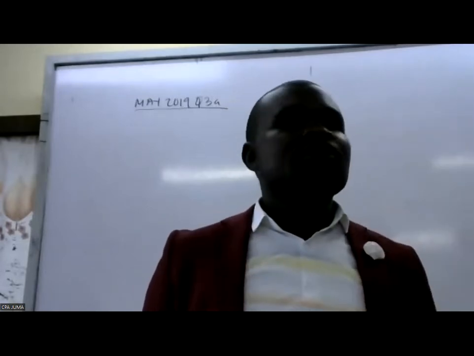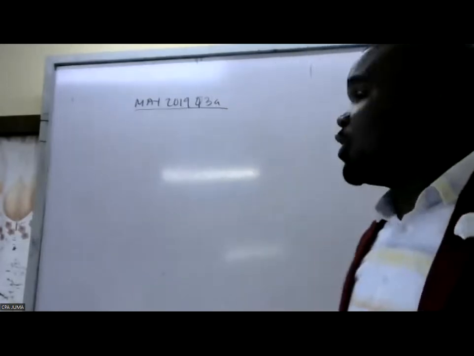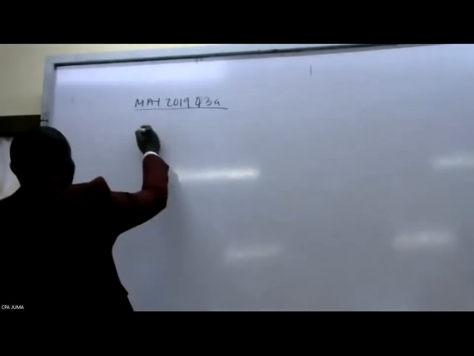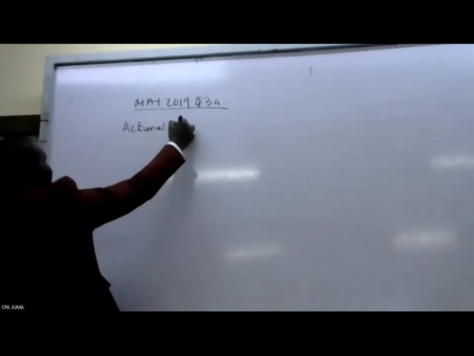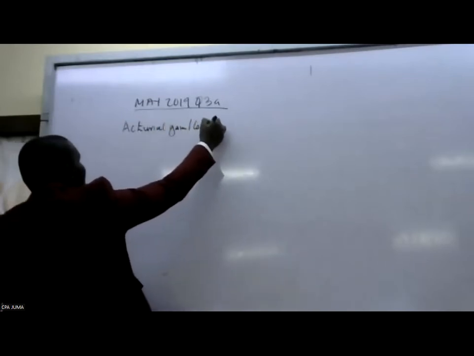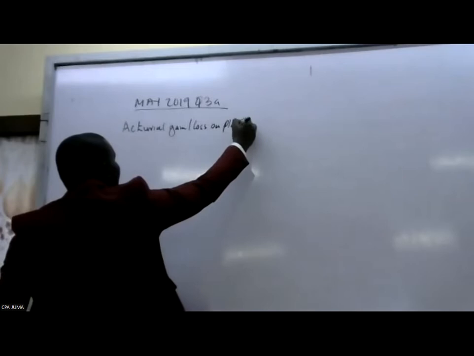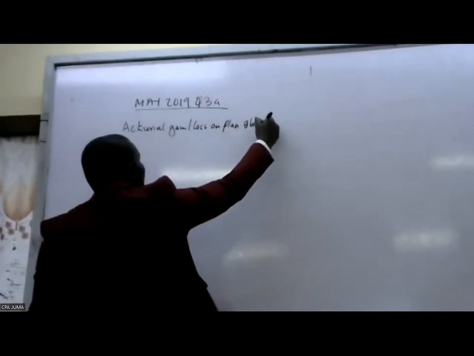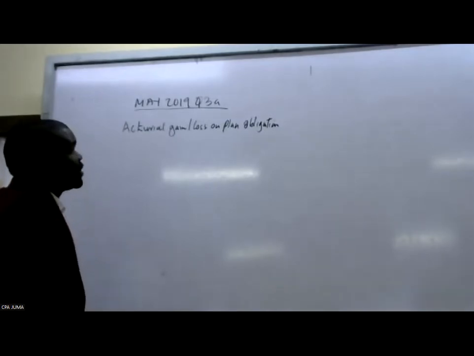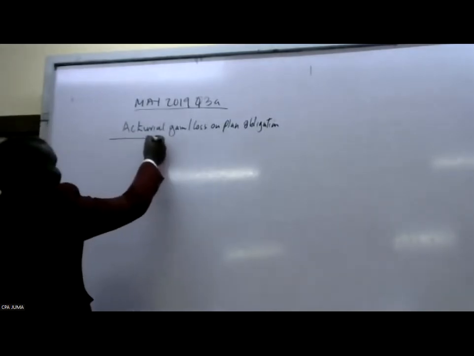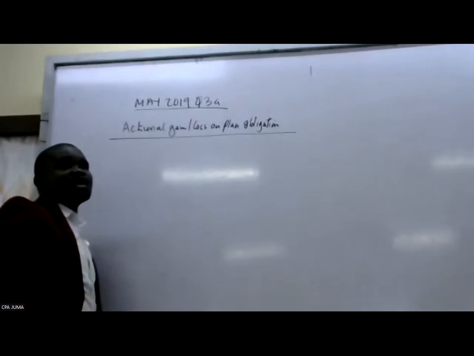So just do those workings, then you will be safe. So start there with actuarial gain or loss on plan obligation. Please, there is no restriction. You can start with plan asset. But me, I feel if you have asset and obligation, it's good to start with obligation.